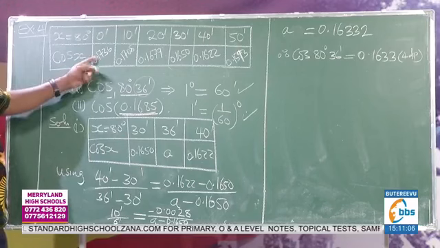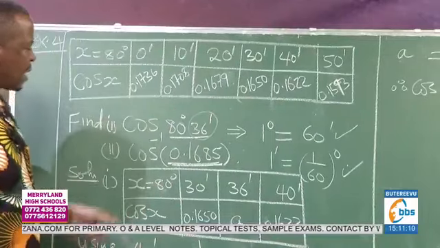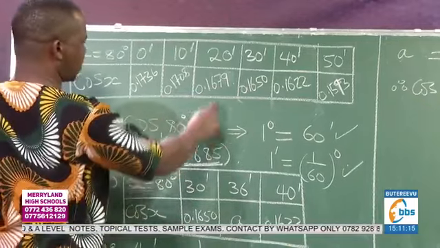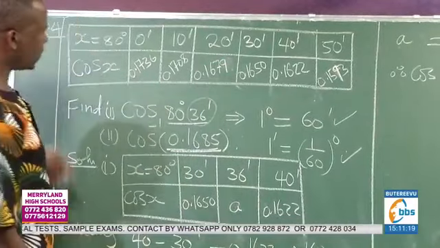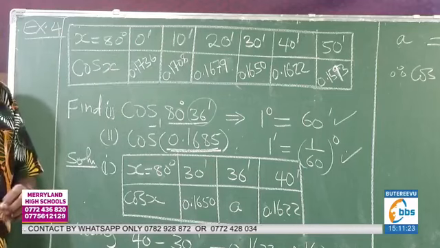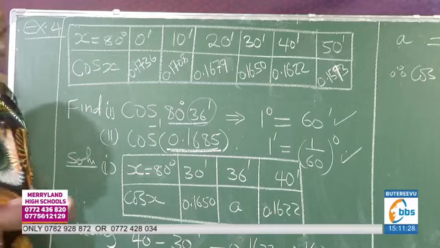Where does it fall? You see, from 8 it comes decreasing until it reaches that figure. So 0.1685 should come before this value. And therefore it means it must fall between 10 and 20.